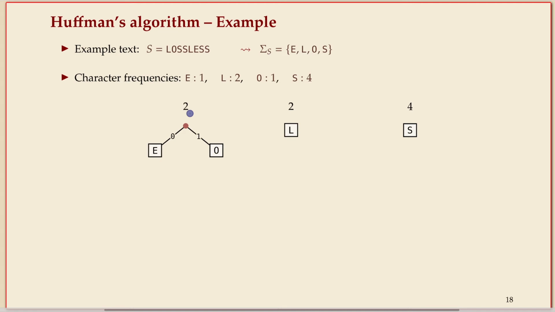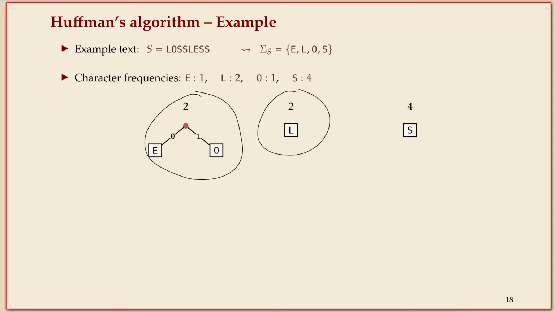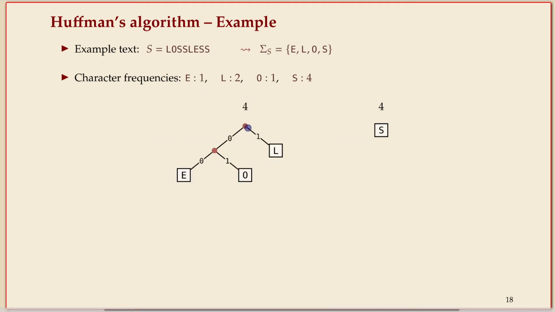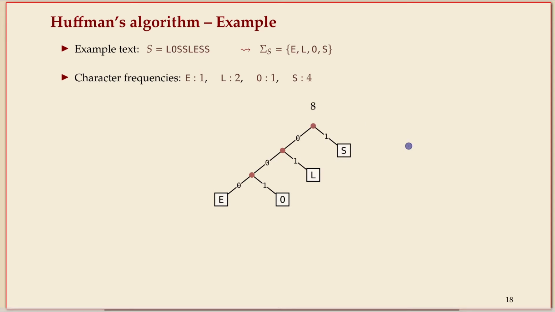That's the first iteration. The second iteration is again to find the two partial tries with minimal weight, these two, and combine them into a single trie, where again you have a new node. It has two edges, 0 and 1, and they both lead to the two previous little trees. And in this example, one more step where nothing really is chosen, so only two things are left, and you only have to lump them together.